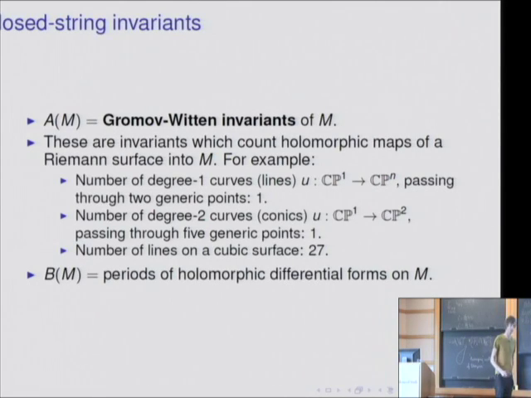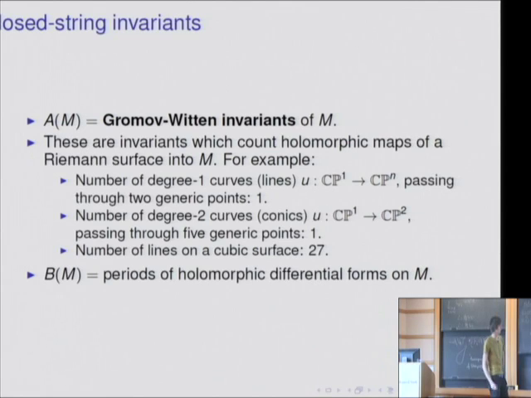Let me tell you in a little more detail about a specific example of these kinds of invariants. They're called closed string invariants. In this case, the A model symplectic invariants are Gromov-Witten invariants of our manifold.